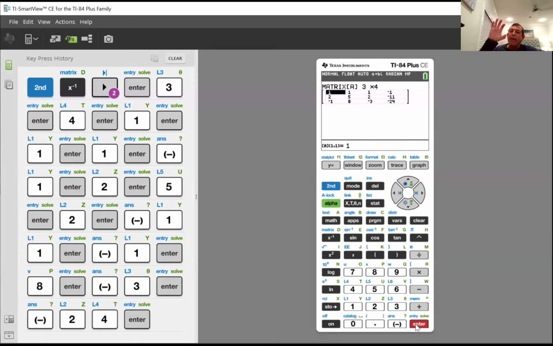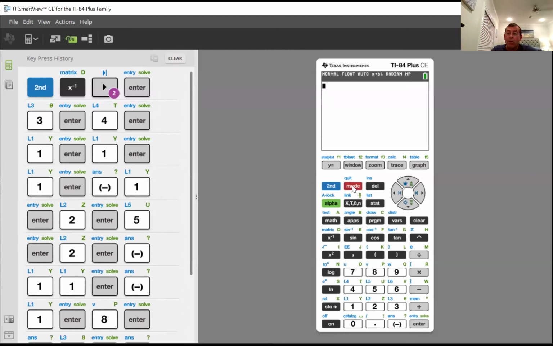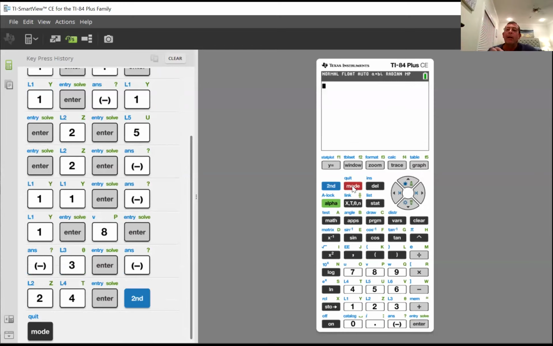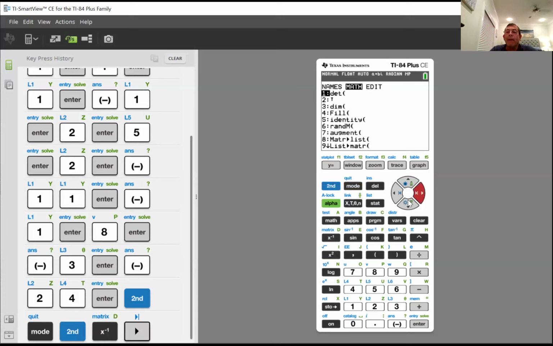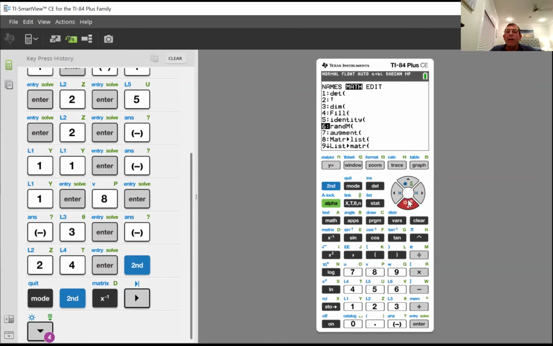Now remember, my matrix is now in this calculator, so now I can quit the screen by hitting second mode. All right, y'all, remember, I got the matrix in there, so now we got to make it do the math for us. So hit second, x -1, highlight math. And remember, I'm going to scroll down till I find RREF and enter.